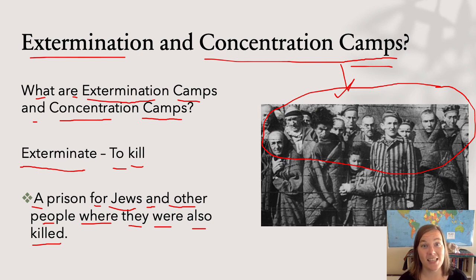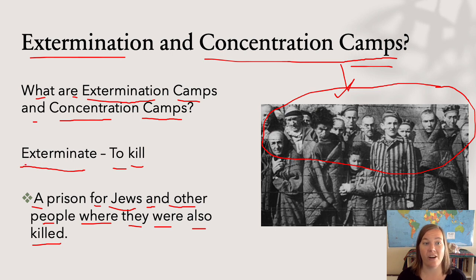The Nazis were very bad people, and they would try to kill anyone they did not like. They wanted to take them out of the cities and move them away in their own prison. And then that is where they would try to kill them.